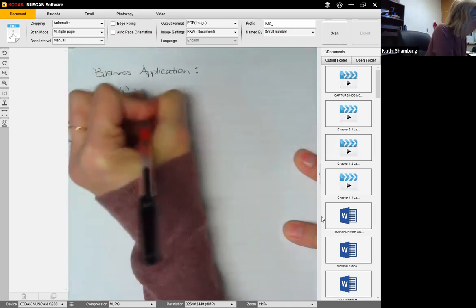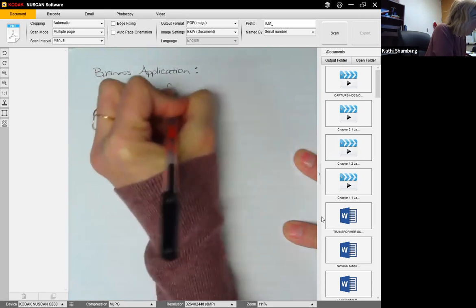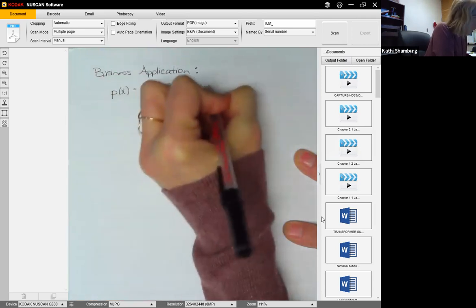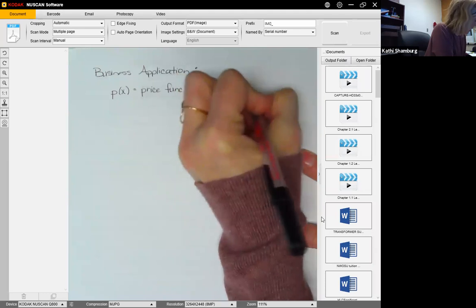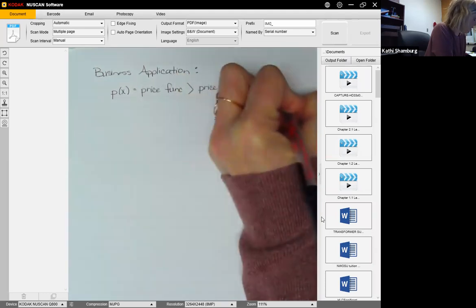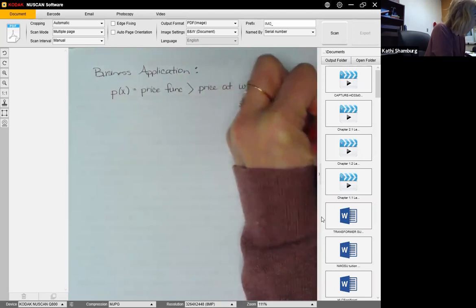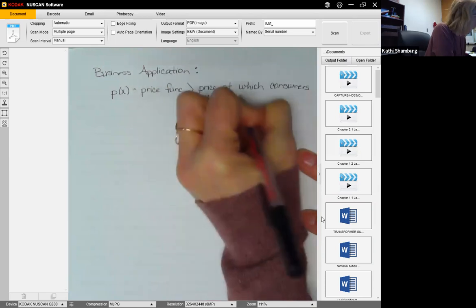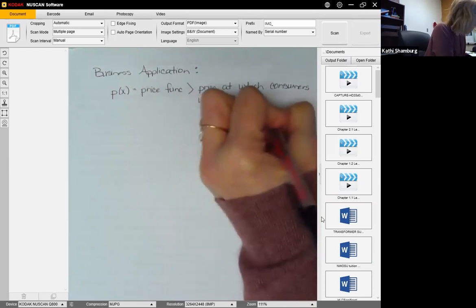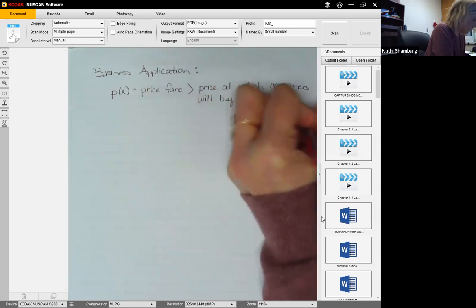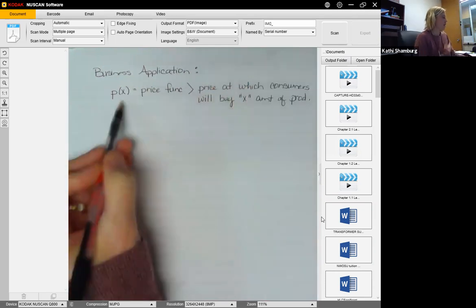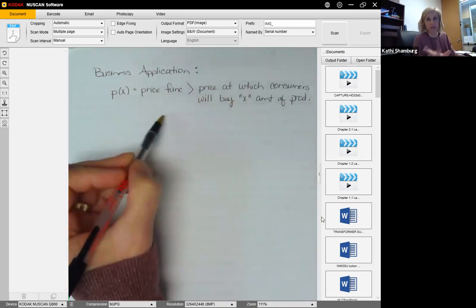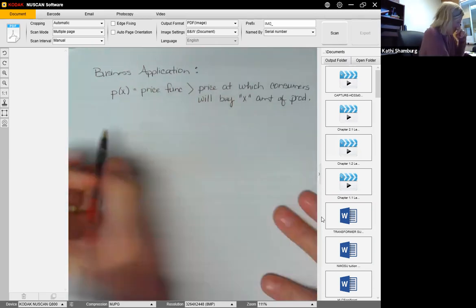This is your price function, which is the price at which consumers will buy x amount of products. So if I buy 5 products, there'll be a given price function, plug it into there, and I'll know what my price is. All right.